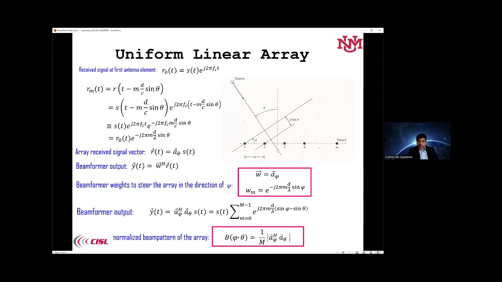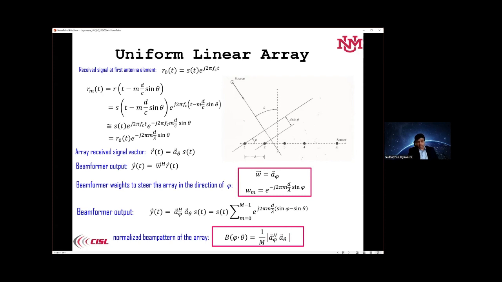Now, if you combine all these signal components received at the antenna array elements into a vector r of t, you can write this as the baseband signal s of t multiplied by a theta vector, which essentially is these additional phase shifts experienced by the signals received at each of the antenna elements. And this a theta we call the array steering vector.